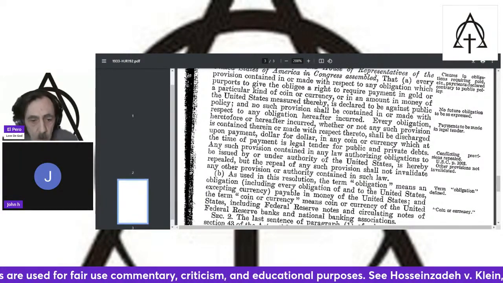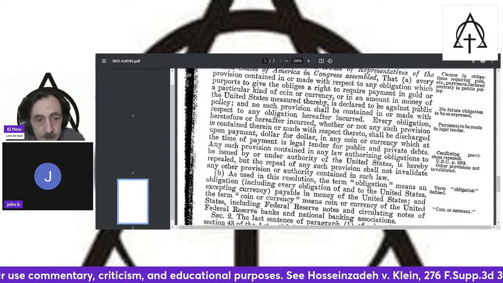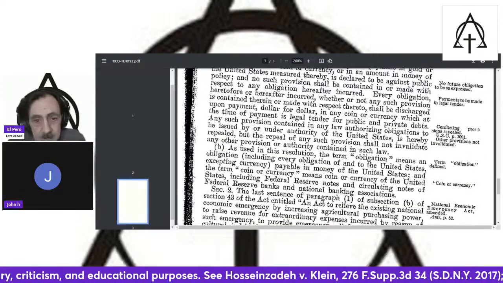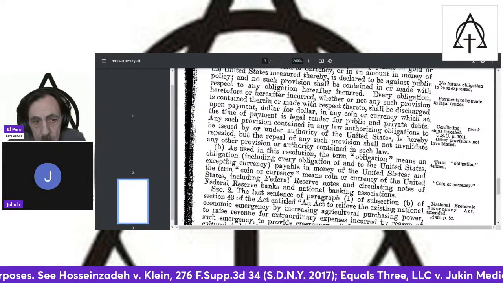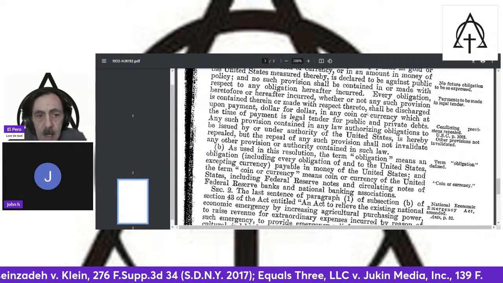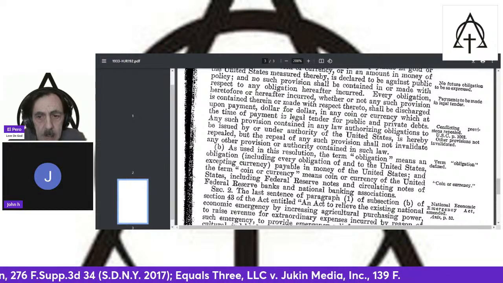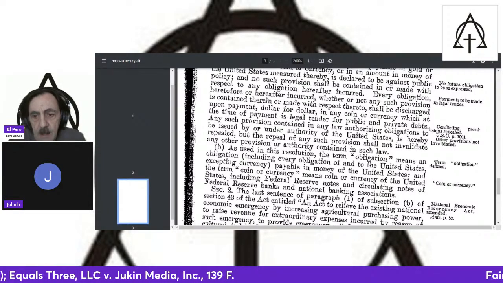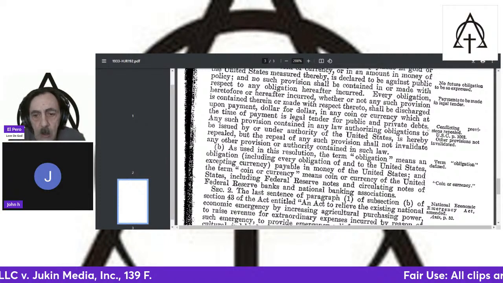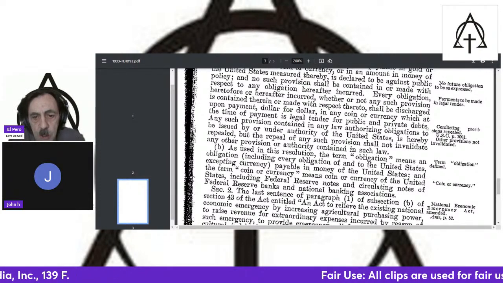So as we continue on, it says dollar for dollar in any coin or currency which at the time of payment is legal tender for public and private debts. Today the legal tender is negotiable instruments.